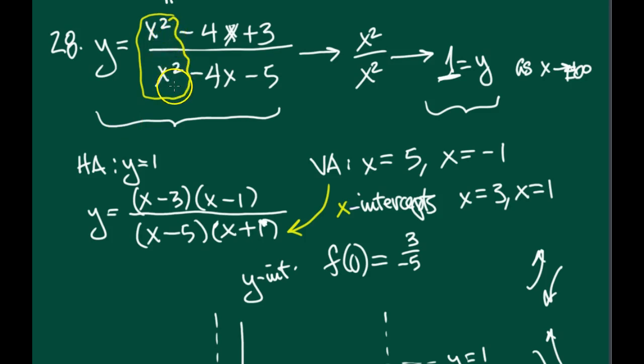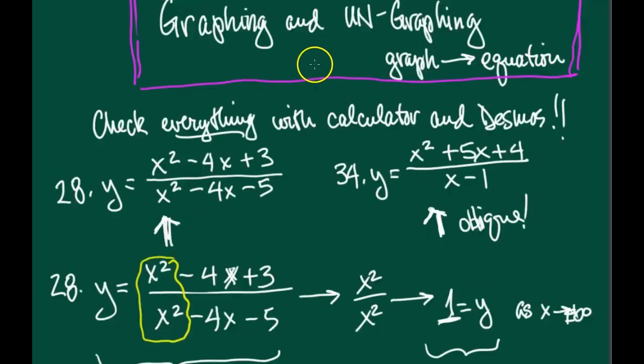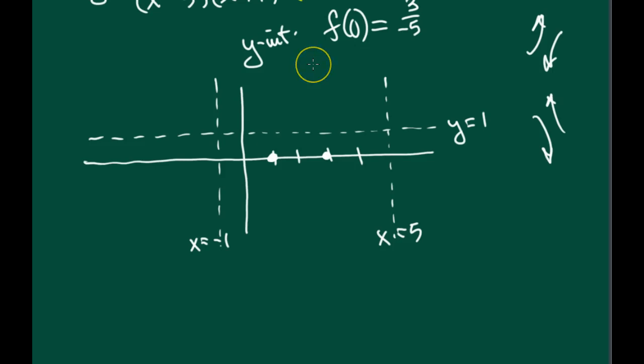Everything's going to be very big and positive, with the numerator slightly larger than the denominator. That means just a little bit greater than 1. That tells me that I'm going to be coming into my horizontal asymptote from above.